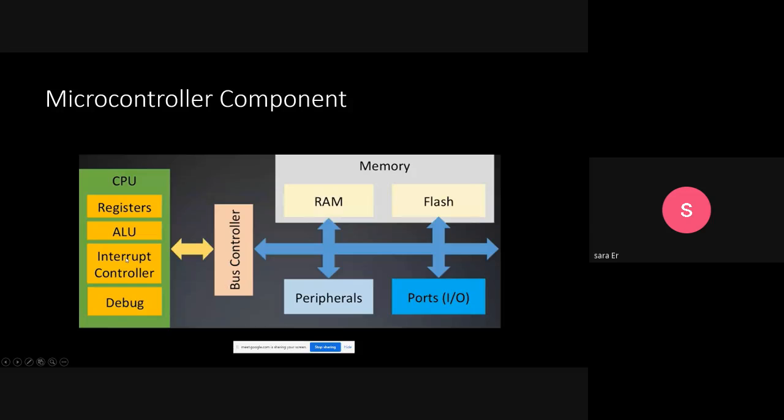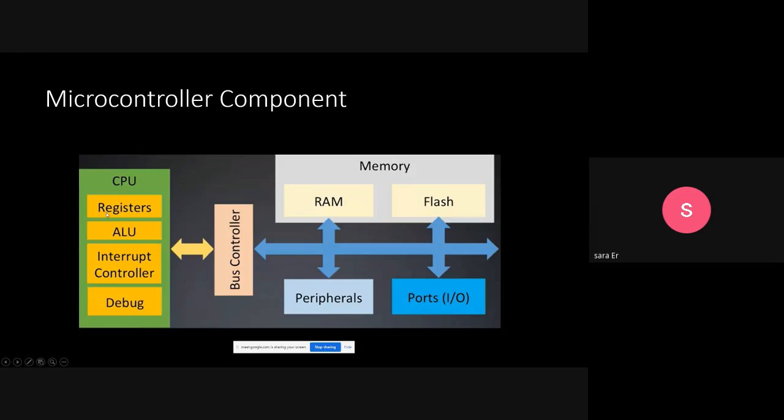In this picture, you can see different parts of the CPU and the microcontroller. The memory section contains RAM and flash. There are ports, input output, and GPIO, general purpose input output ports. Peripheral devices can connect here, and the bus controller is responsible for sending and receiving data between memory and the microcontroller.